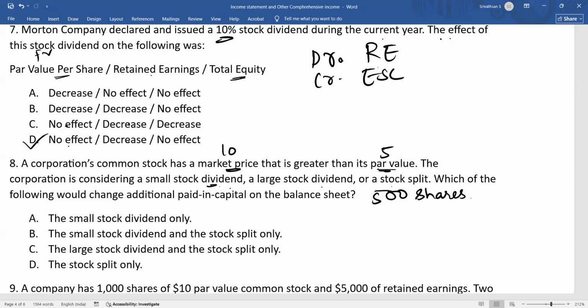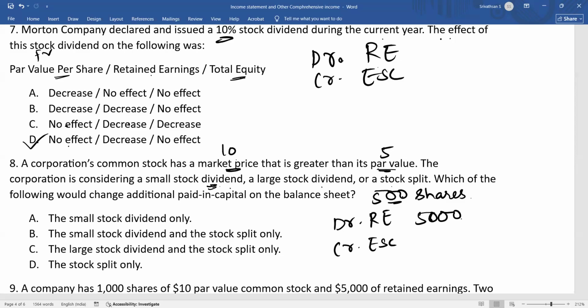Now, what is the journal entry we will pass? We have to debit retained earnings. So we are talking about small stock dividend. In case of small stock dividend, retained earnings should be debited with the market value. So 500 into what is the market price? 10. So 500 into 10, we get 5,000. What we have to credit? We have to credit equity share capital. How many shares? 500 shares we are issuing as stock dividend.